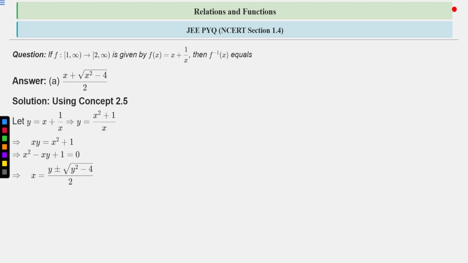So x will be equal to y plus minus root over y square minus 4, upon 2. So we can say that f inverse y is equal to y plus minus root over y square minus 4, upon 2.